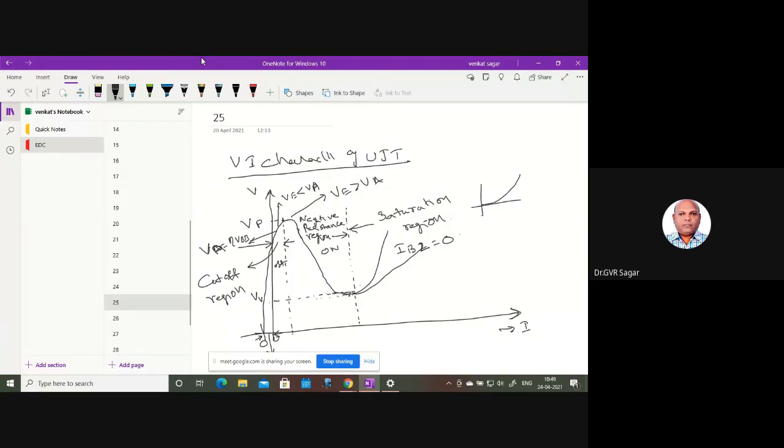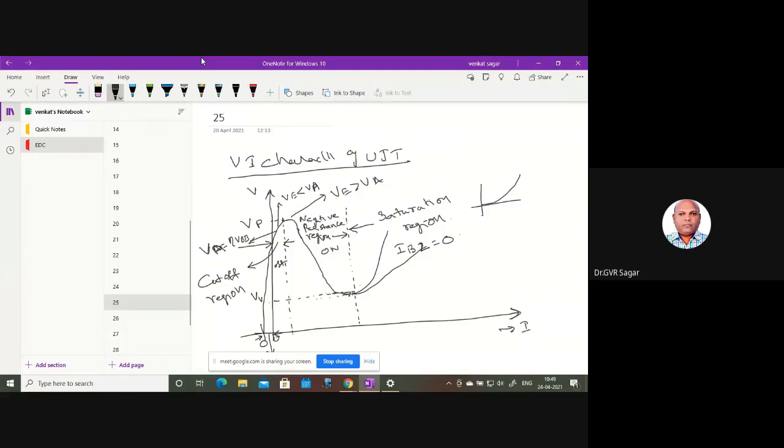Negative resistance region means it is exhibited between the peak voltage to the valley voltage of the emitter voltage, right? Whenever resistance decreases, the emitter voltage also decreases. At the same time, the resistance also decreases and current is increasing, right? This phenomenon is called the negative resistance.